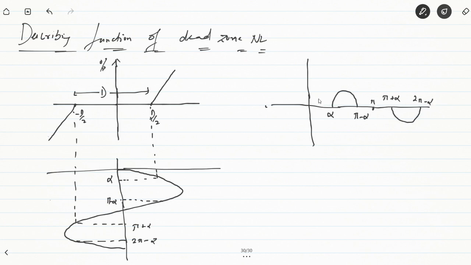And this is your pi. So this is our output with respect to omega t.